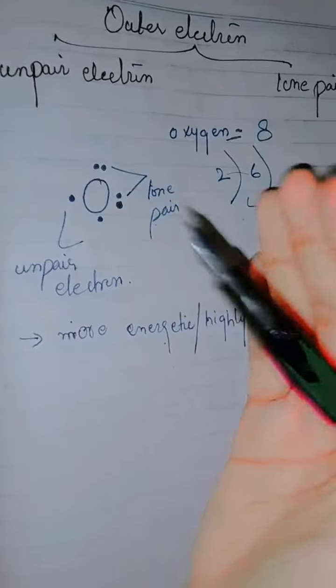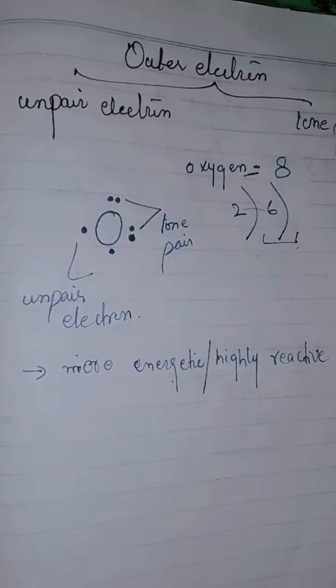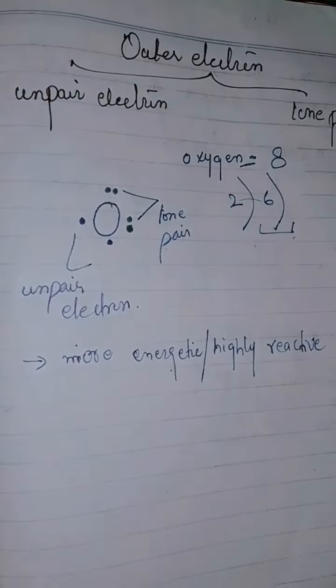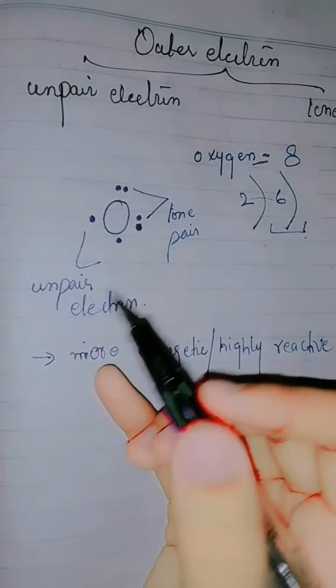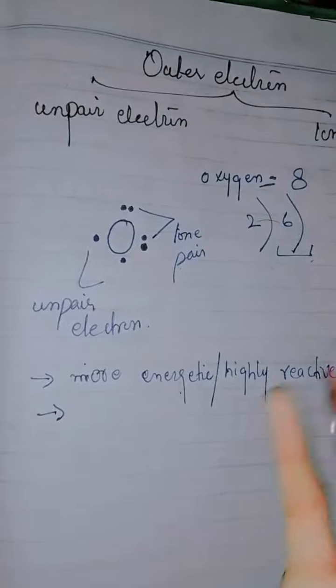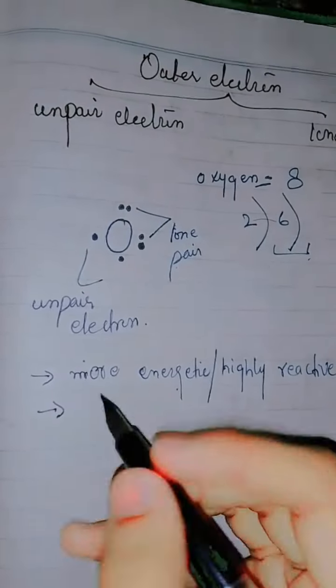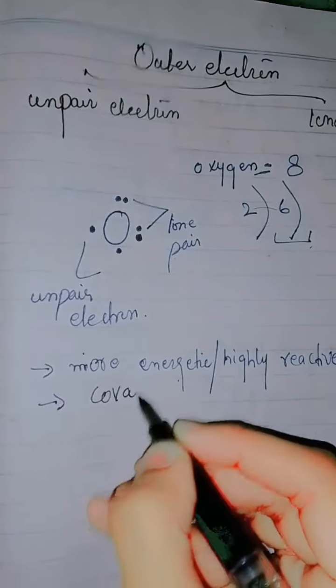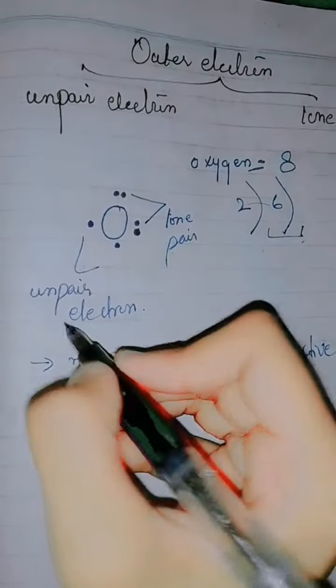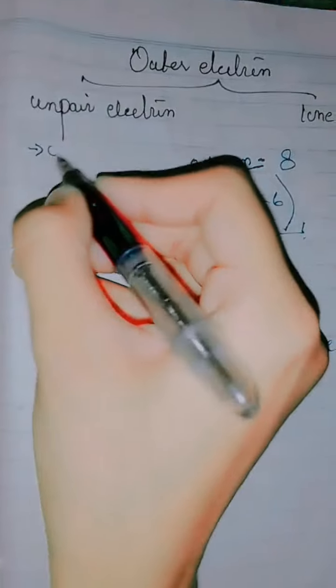Why is it less reactive? Because it already has a pair of electrons, but unpaired electrons are highly reactive. So first of all, the unpaired electrons will make a bond, and that is a covalent bond. The bond made by unpaired electrons will be a covalent bond.